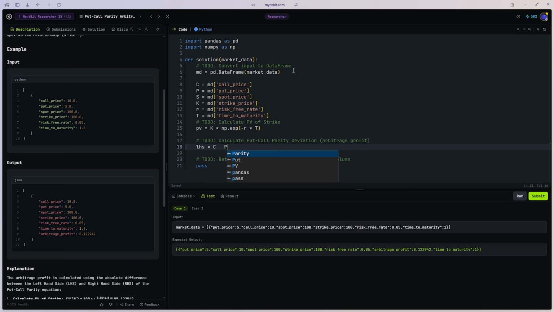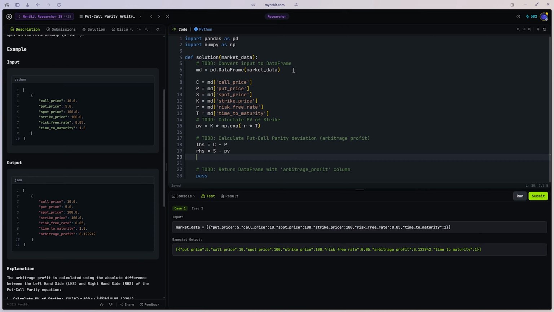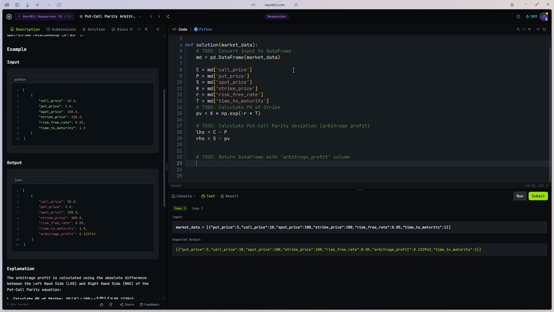Left-hand side is going to be call minus put. Right-hand side is going to be S, which is spot price, minus the present value. And once we have that, we can use this to determine if there's any arbitrage opportunity. So let's create a column in the data frame which returns arbitrage profit.